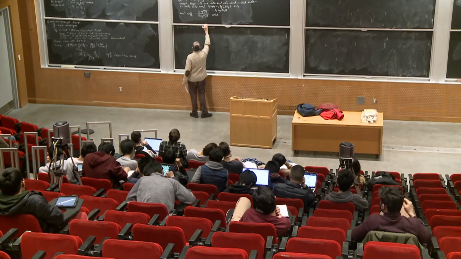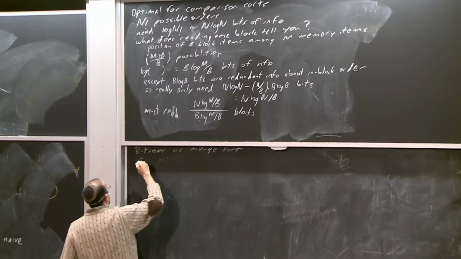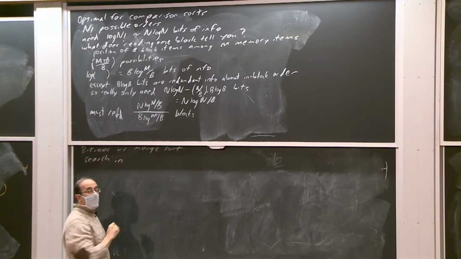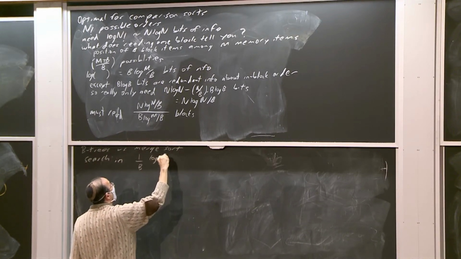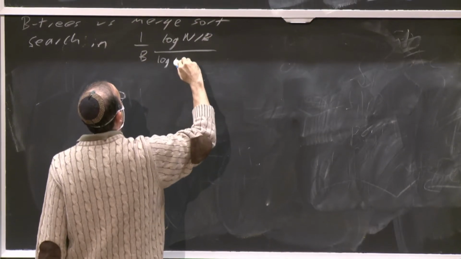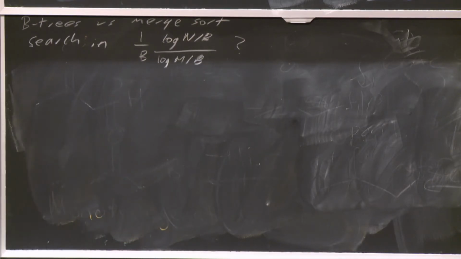If we look at the time for sorting, it suggests that we should be able to search in, well, 1 over B of the sorting time, right? 1 over B log base M over B divided by log base M over B. So, does that seem plausible?